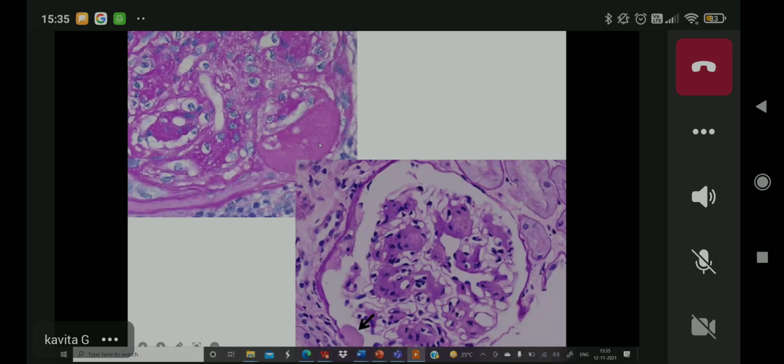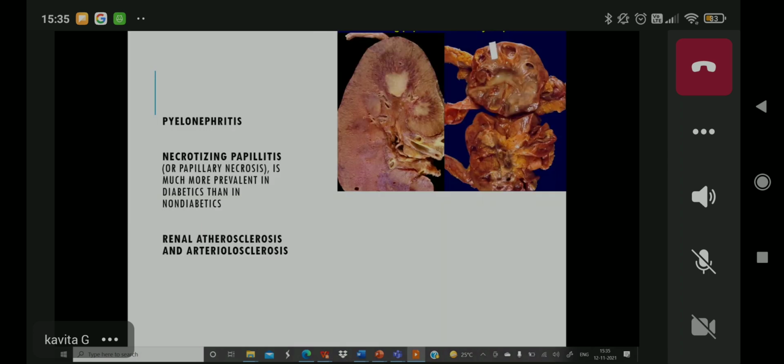Now somebody may say, why not amyloid? You do the amyloid stain and everything will come out negative in this, okay? This is how you differentiate. Then pyelonephritis, look at this. So you have a renal papilla, and the entire thing has been necrosed. You have a nice yellow area. Look at this also, necrosis. Hmm. So all these features are happening because your vessels are not functioning properly.